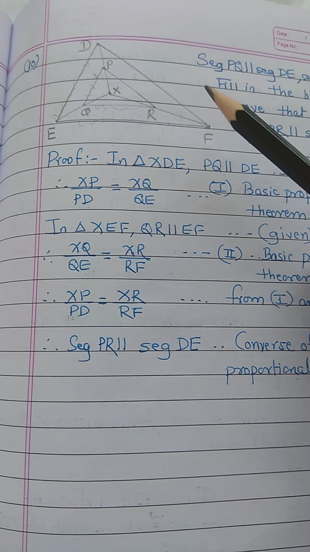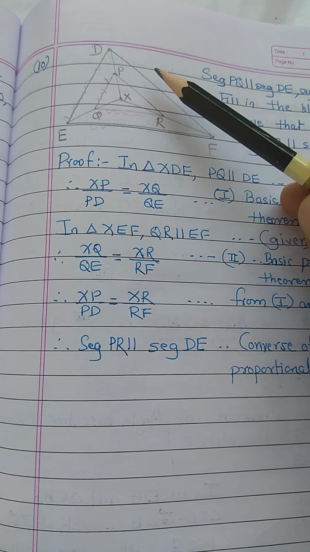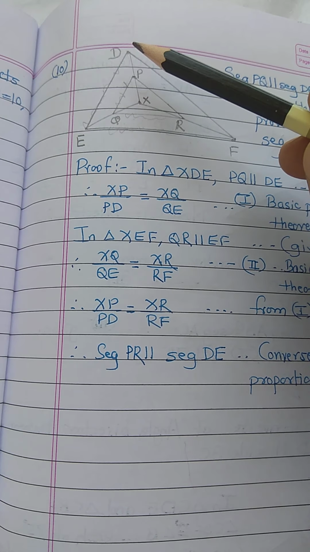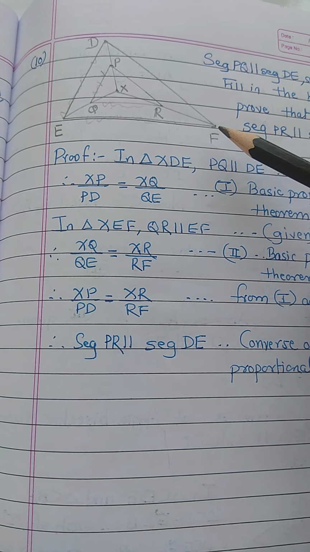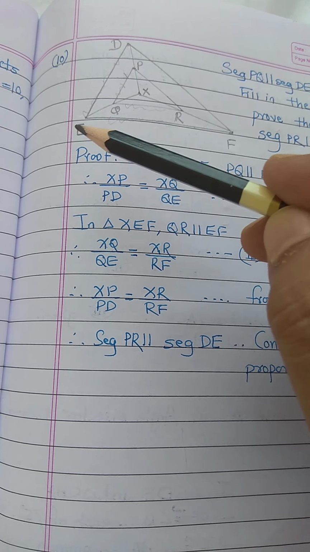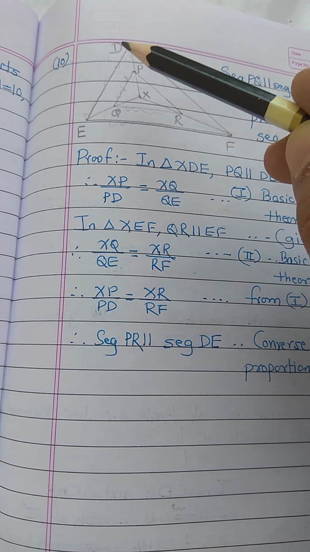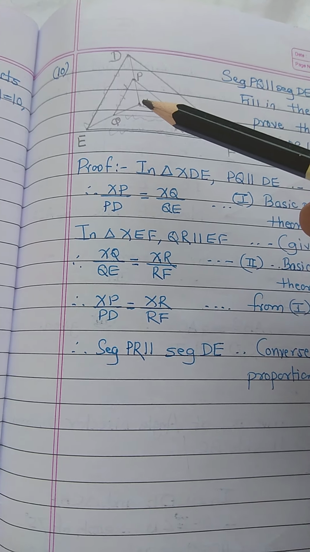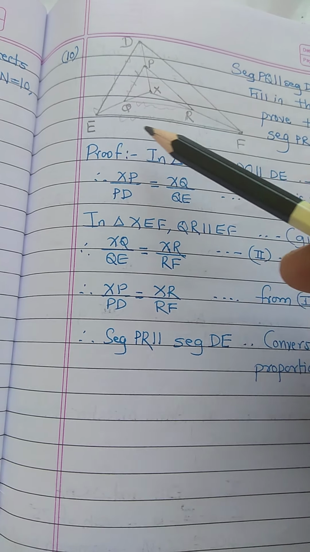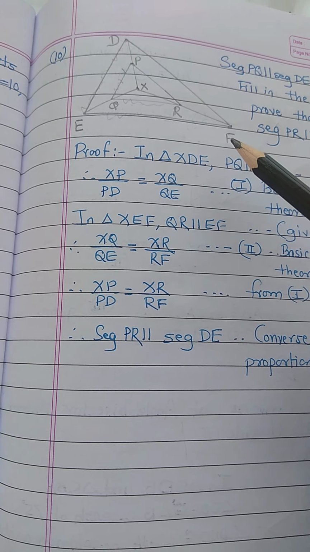Once again, if you are trying to show that PR is parallel to DF, then you should first show XP upon PD equal to XR upon RF. To get XP upon PD, we have triangle XDE in which PQ is parallel to DE. And for XR upon RF, we have triangle XEF in which QR is parallel to EF.